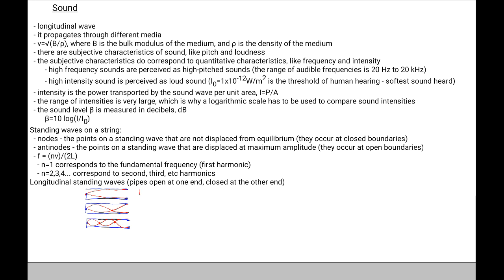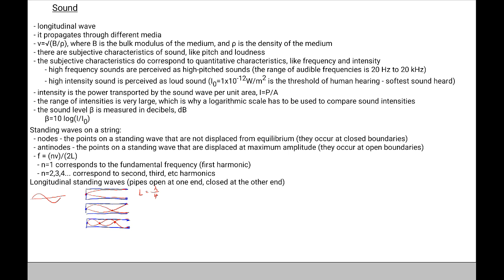So again, we want to write L, the length of the pipe, as a function of the wavelength. So let's draw a wavelength again. That's one full wavelength. And compare what we have here with the full wavelength. Well, it looks here like we're starting at a node and then only going to its maximum displacement from equilibrium, to its amplitude. Well, that corresponds here to only this much, and that will be a quarter of a wavelength. So L is lambda over 4.